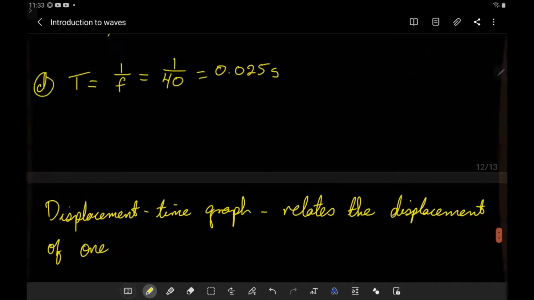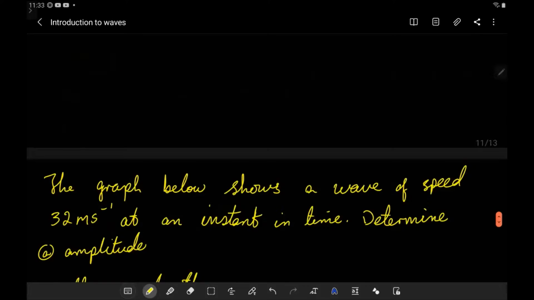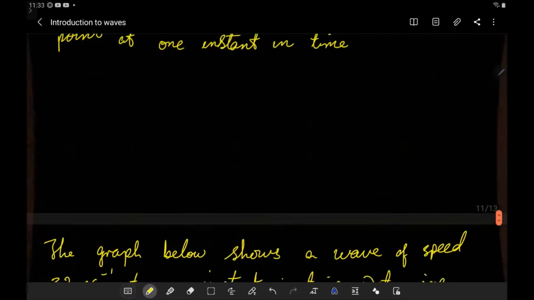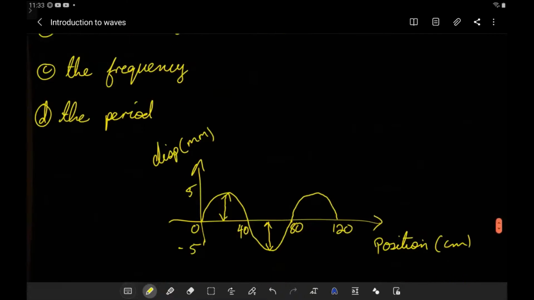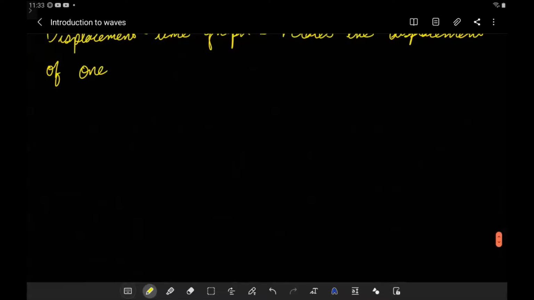Now notice that the one up here was for each point, at 1 second. And this one that we're doing now is for one point. Remember, the position is fixed, so we cannot talk about different points.